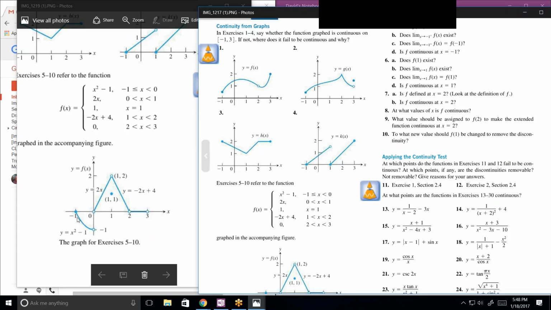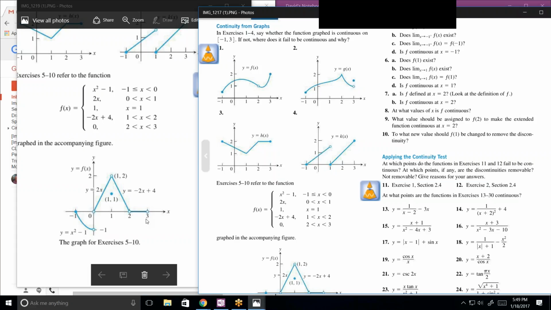So I could say it's continuous from -1 to 3 except where? 0. Yes, 0 is correct. And then 1, it's not continuous. 1, 2, and 3.